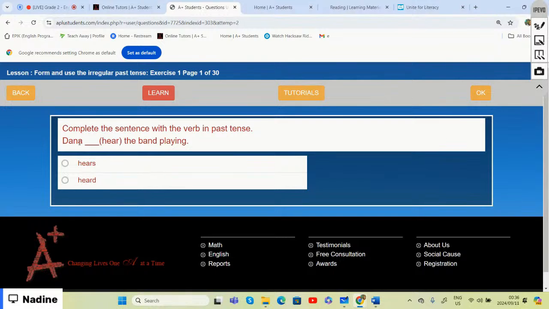All right, it says Dana hear the band playing. We need to complete the sentence with the verb in the past tense. So in the past, do we say Dana hears the band playing, option one, or Dana heard the band playing, option two?